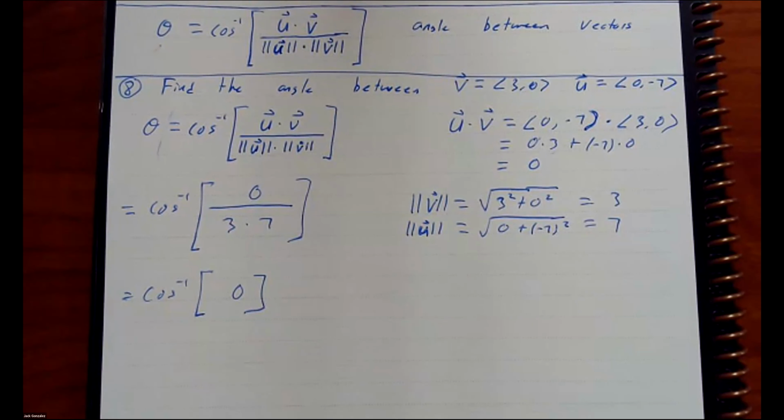It's cosine inverse of 0. When does that happen?